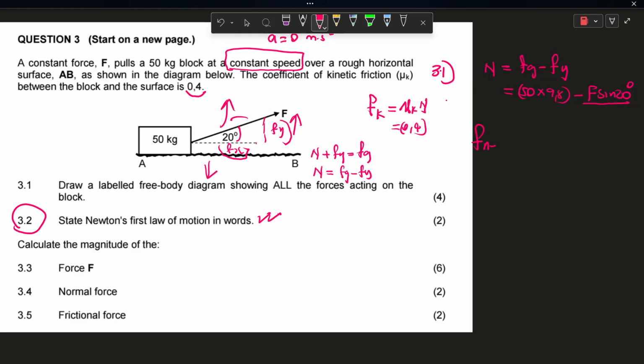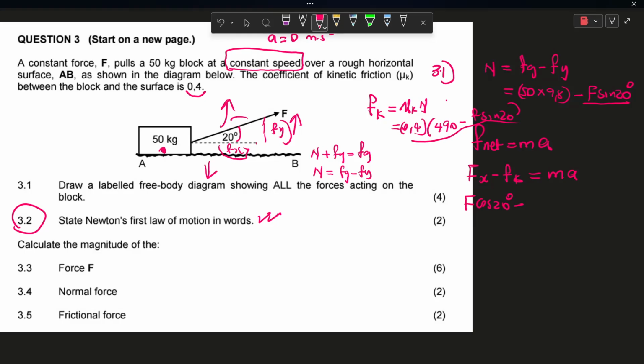Now, let's go to our question and try to answer. F net is equal to ma. What forces are there? It's Fx minus the frictional force, on this 50 kg block, where I resolve this F. So it is equal to ma. Fx is F cos 20. Don't forget that. What is Fk? Where there is N, I'm going to put 490 minus F sine 20.